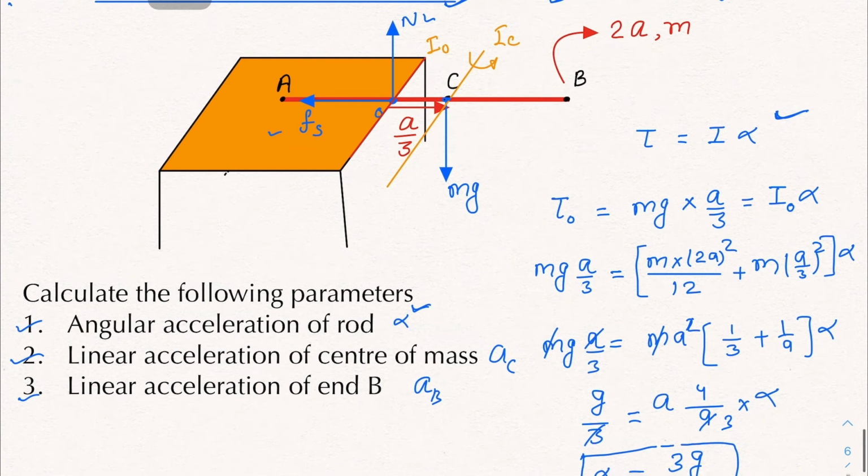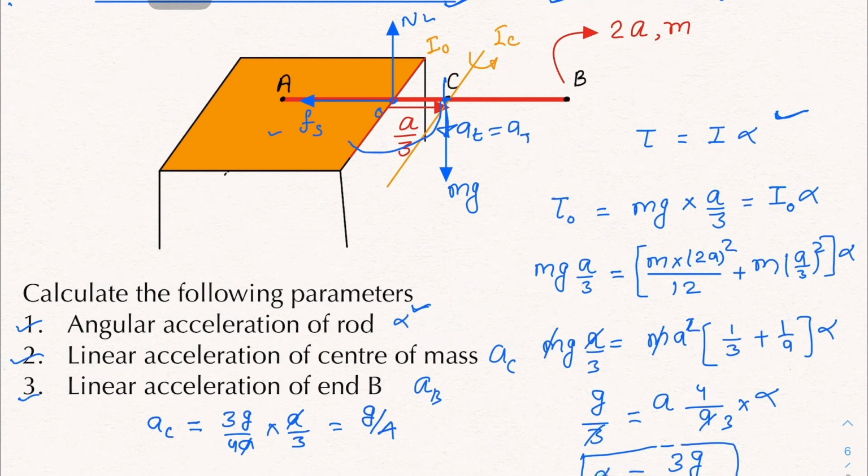For the acceleration of point C, the center, it is alpha, 3g divided by 4a, multiplied by the distance of C from the axis of rotation, a/3. A will cancel out, 3 will cancel out, and it will be g/4. The direction will be downward, in the direction of g, because it is moving on a circular track. This is the direction of tangential acceleration, or total acceleration.